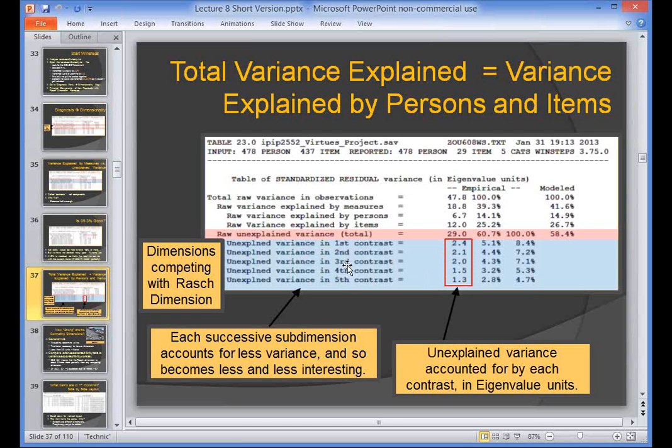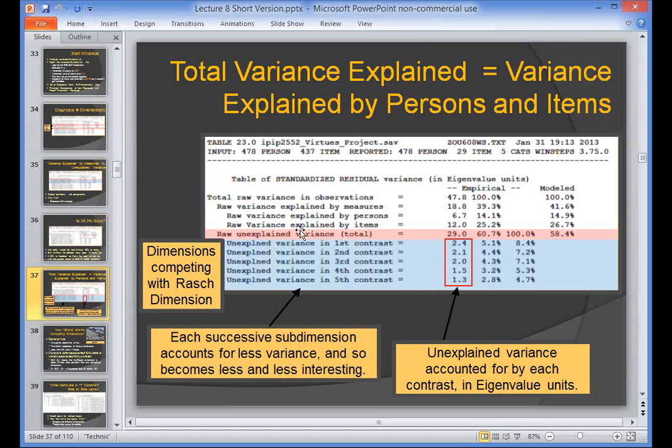Well, remember, this is the result of a principal components analysis of the item residuals with the Rasch dimension removed. So these are the competing dimensions right here, okay?